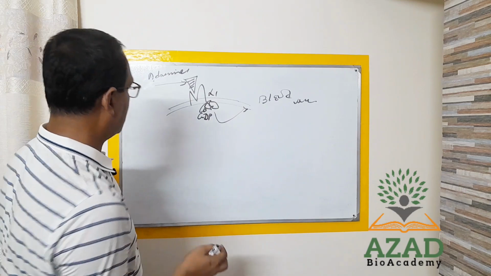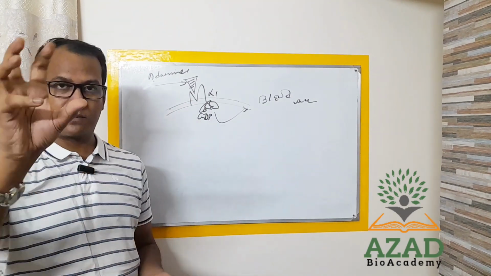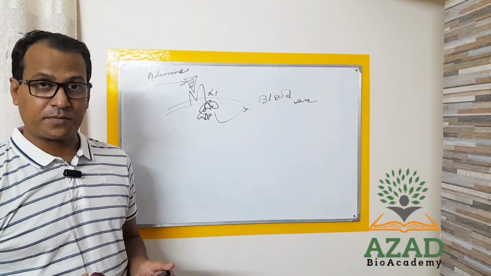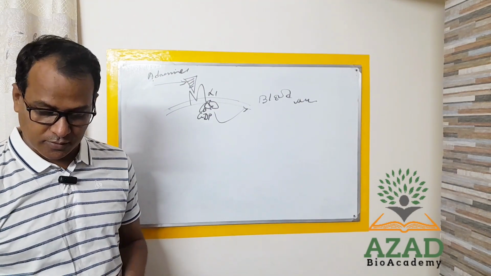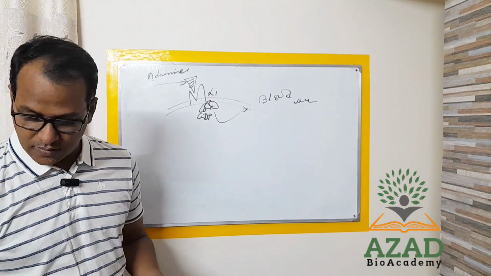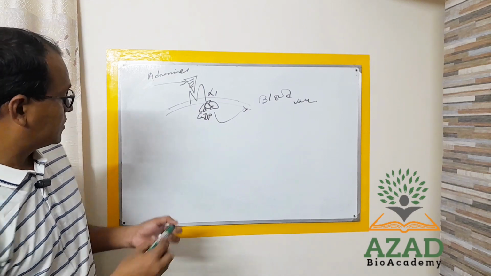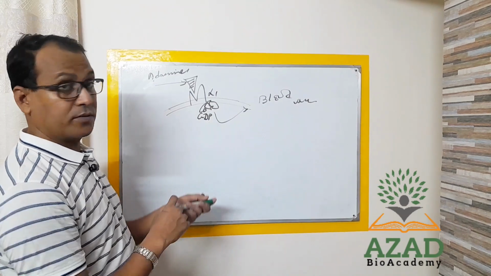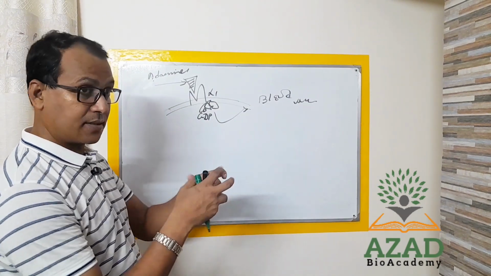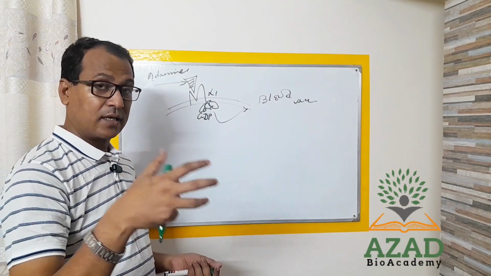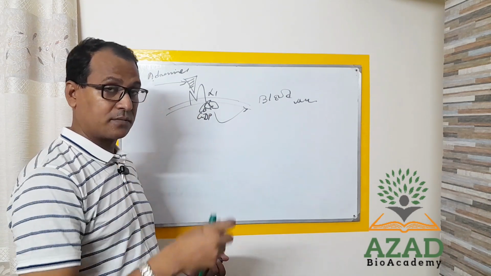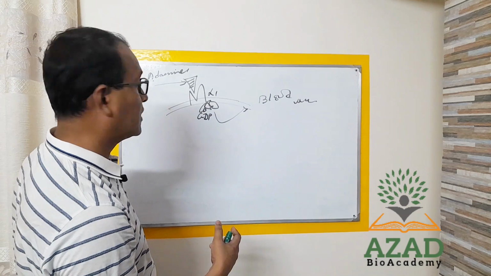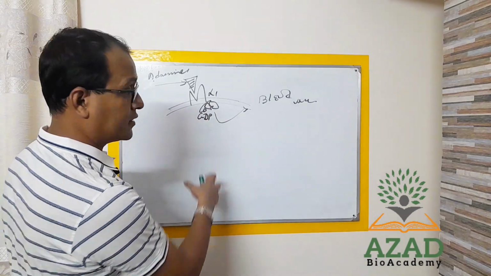it will be activated. Here I just missed out one part of the discussion, that is types of G protein. Unfortunately I forgot, so now I will add the types of G protein. There are several types, but if you know the main three types, you will cover most of the physiological functions related to G protein.